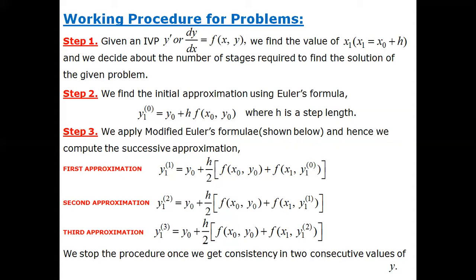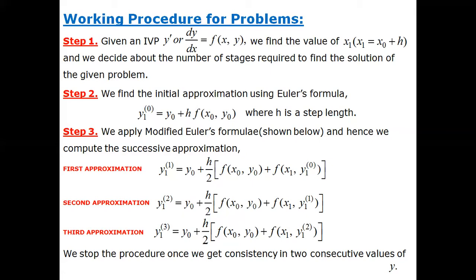If this x1 is equal to x, then the problem can be solved in a single stage. If x1 is not equal to x, then the problem will be solved in two stages. So this is how we can decide about the number of stages in solving a first order first degree differential equation in modified Euler's, and that is the most important step in this.